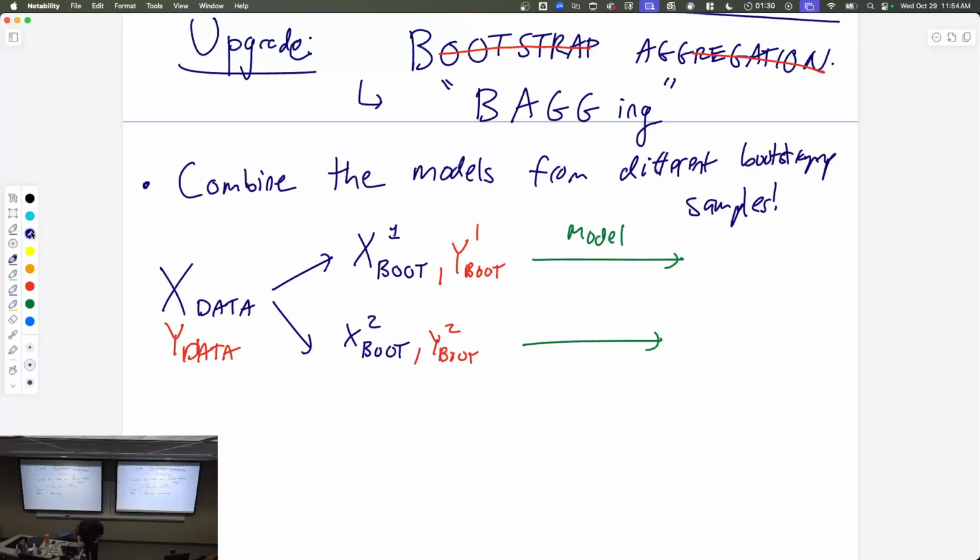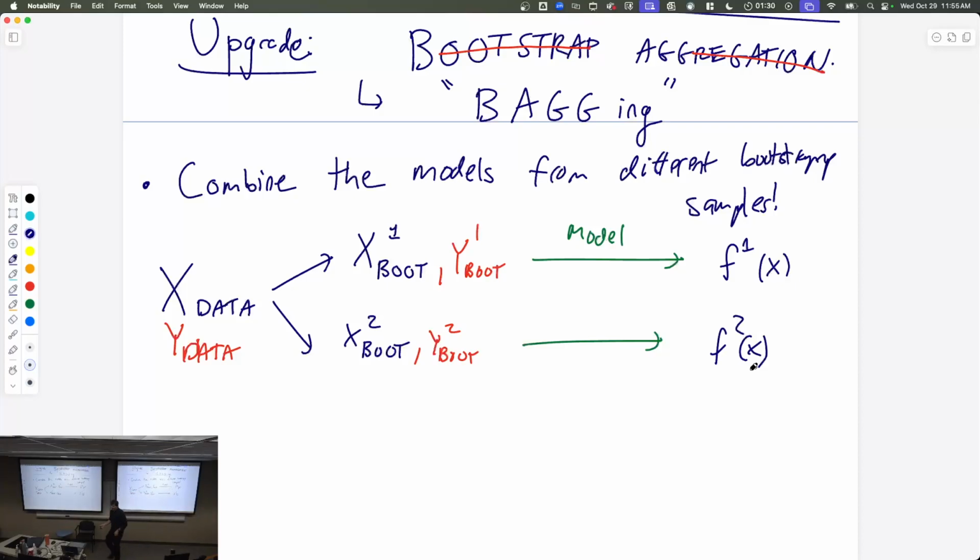We get some estimate for f1 of x and f2 of x. These are two different estimates from two different data sets, whatever model you want. A good example is linear regression. The idea is f1 and f2 will be very slightly different because these two data sets are very slightly different. So by getting two different data sets from our bootstrap, we get two different functions.